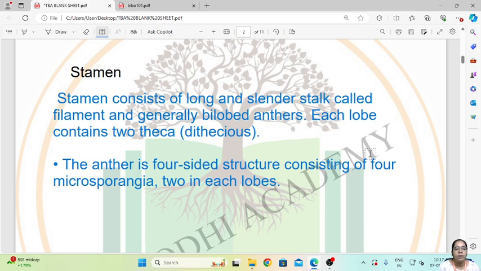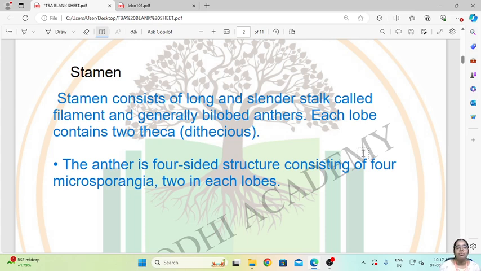So each lobe consists of two dithecous anther. Okay, so this anther will consist of the sporogenous tissue which will further develop into pollen grain by the process of microsporogenesis. So now let us see the structure of the anther first.